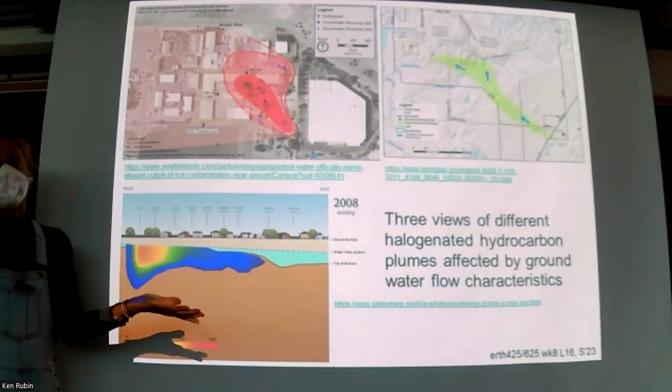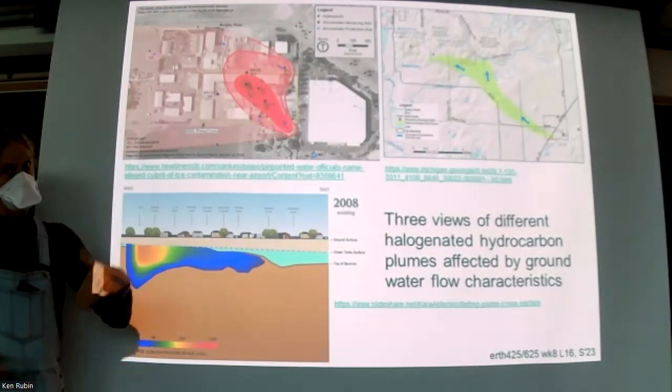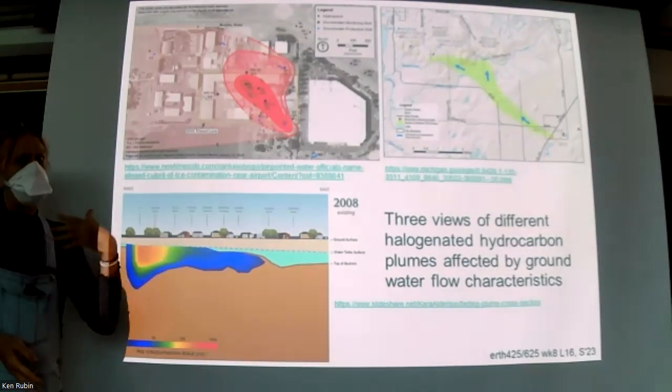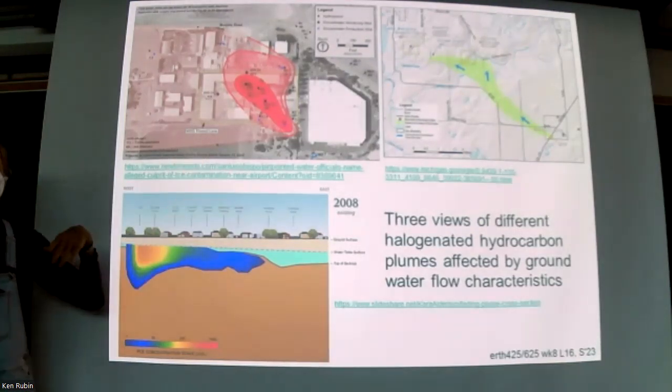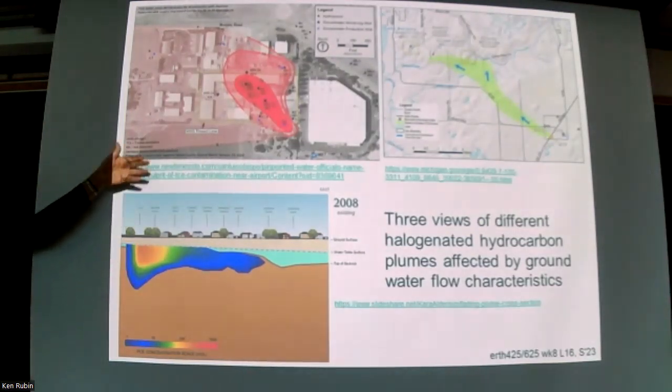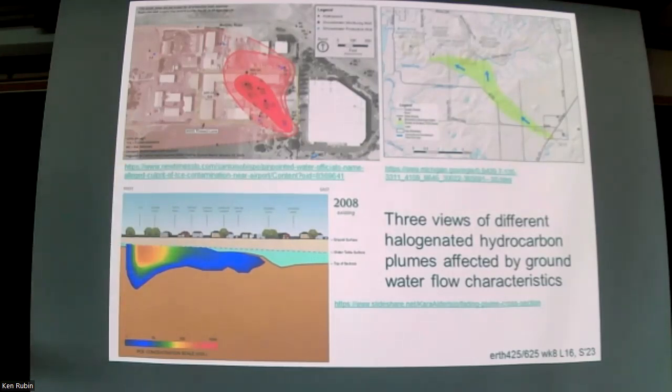There's a lot of things you have to look at, but we have a checklist that you can go through and start to ask yourself some questions that will give you an idea of rates of migration, possible fates of those chemicals in terms of reactivity and volatility and biodegradability, et cetera. So we'll pick this up next time.